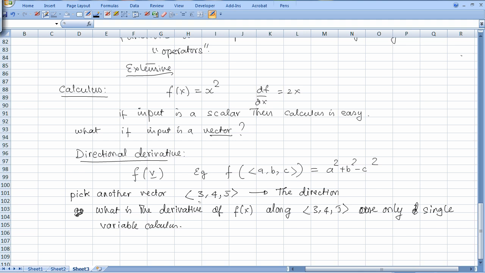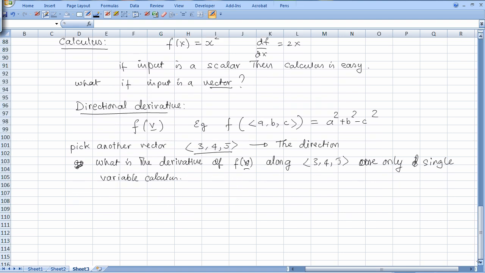Can you find the directional derivative of this vector, the derivative of f of v along 3, 4, 5? The way to do that is the following. What I want you to do before you do that is pause and try to see if you can do that yourself. That's the best way to learn. Once you try something, and it doesn't matter if you got it wrong, then you have some skin in the game, and you can come back and see what I have done and figure out why I did what I did.